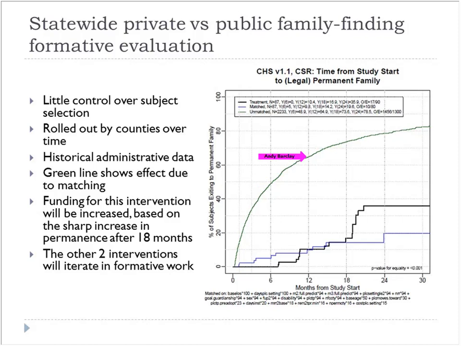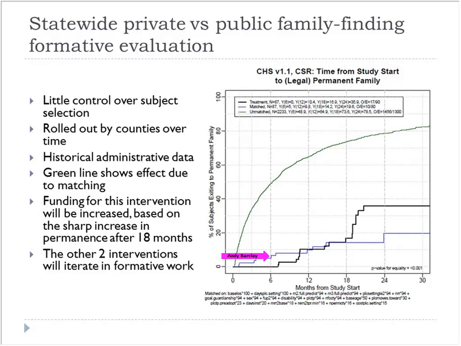So the black line is the treatment group. These are children who got this family-finding intervention. And you see that they're not performing so well up until 12 months. They're actually lower than the comparison groups that they were matched to. So business as usual in the agency is actually doing better at 6 months.